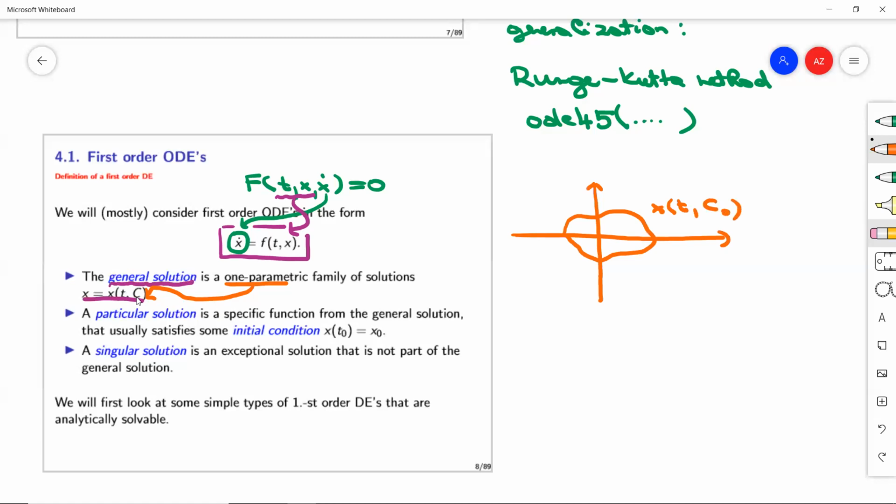And then at some other c, this is another curve. For example, this one. So this is x of t, c1, and for other c, it's another curve. For example, this one. This is for x of t, c2, and so on. So the solutions are curves. If the ODE is nice, then they are smooth curves.